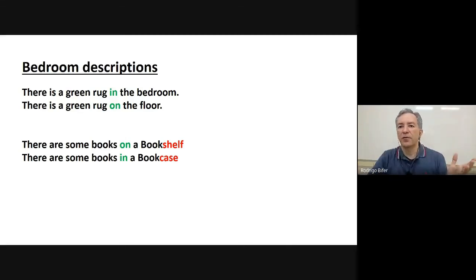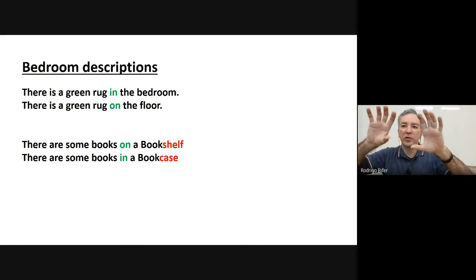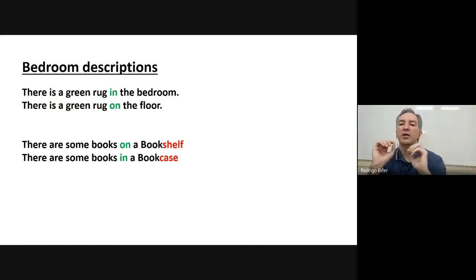So you have 4 walls, usually. And if you look up inside the bedroom, you see the ceiling. Everything that would be touching the floor or touching the walls or touching the ceiling would get the preposition on. So one example is there's a green rug on the floor.